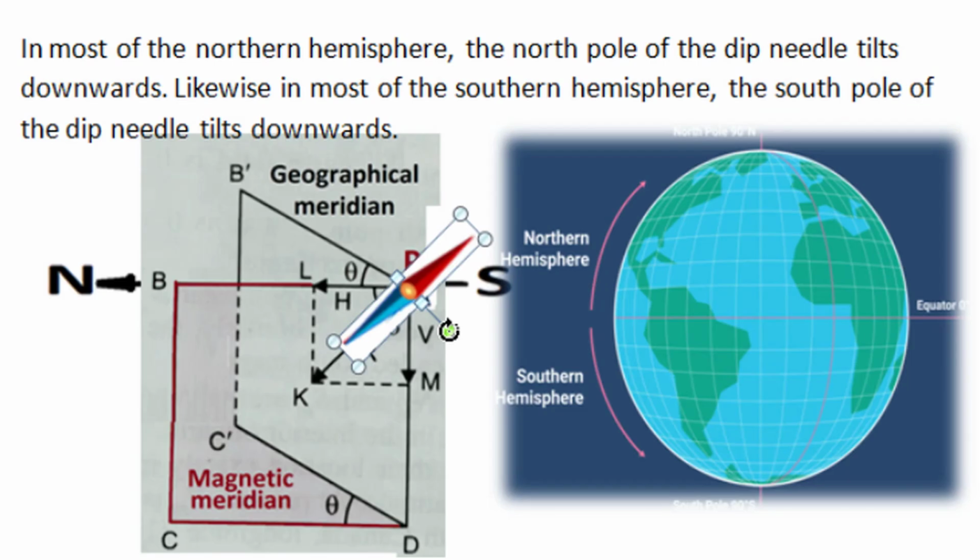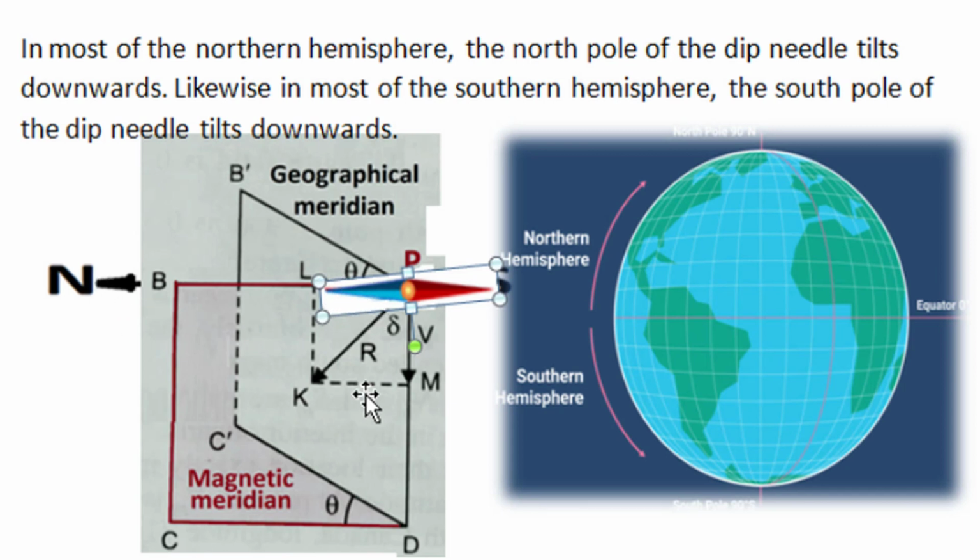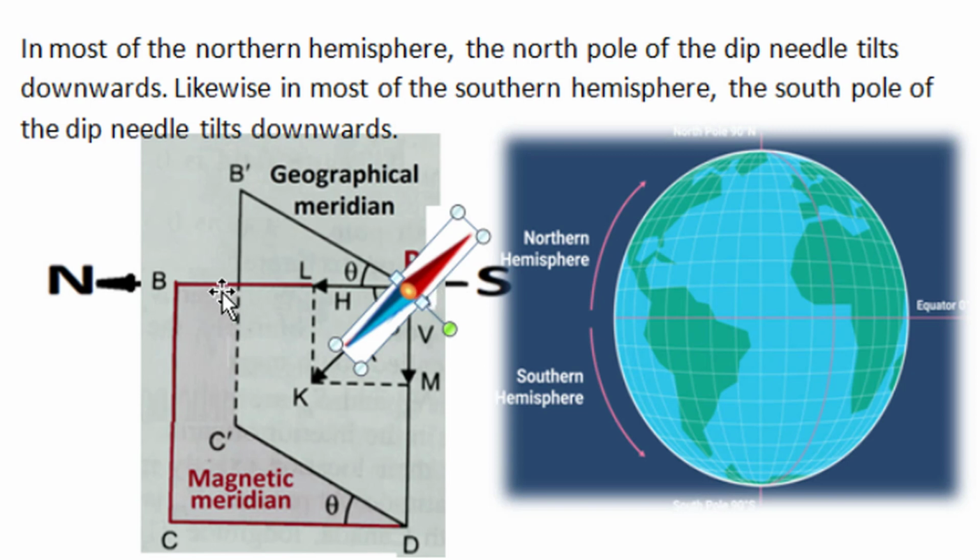If a dip needle is free to swing in the magnetic meridian, then at the equator it will take a perfect horizontal line and the north pole of the dip needle coincides with the north direction. But if we move to the north side of the equator in the northern hemisphere, the dip needle will tilt in the downward direction, and at a certain position if the axis of the dip needle makes an angle delta, the dip angle, with the horizontal, then it clearly indicates that the total resultant magnetic field of Earth has one north directed horizontal component but another vertical downward component.